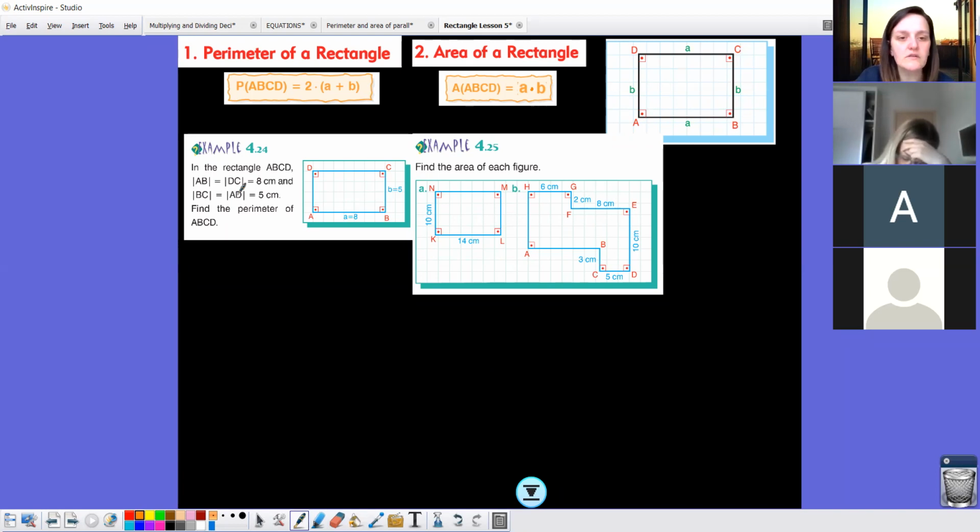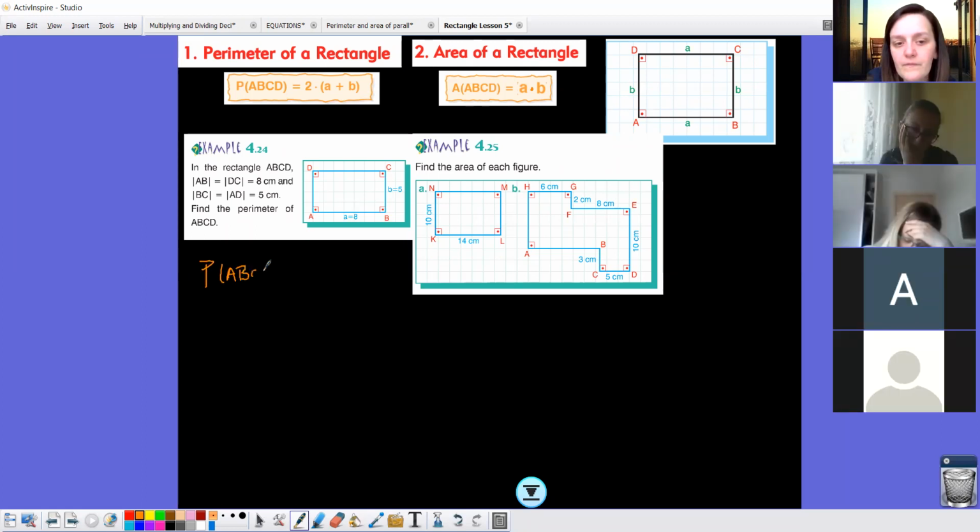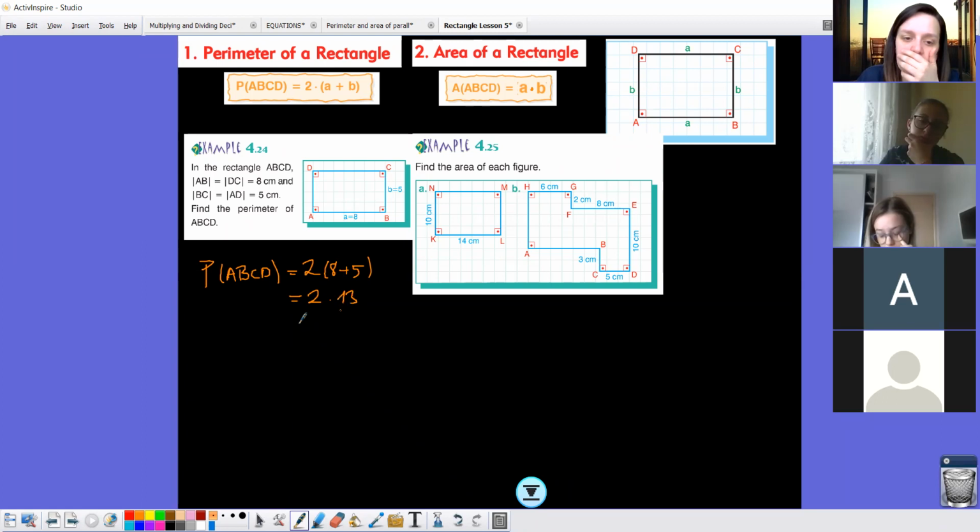Now here, in this example, the sides are given, and it says find the perimeter of ABCD. So what will be the perimeter of ABCD? 2 times (8 plus 5), 2 times 13, so it's 26.